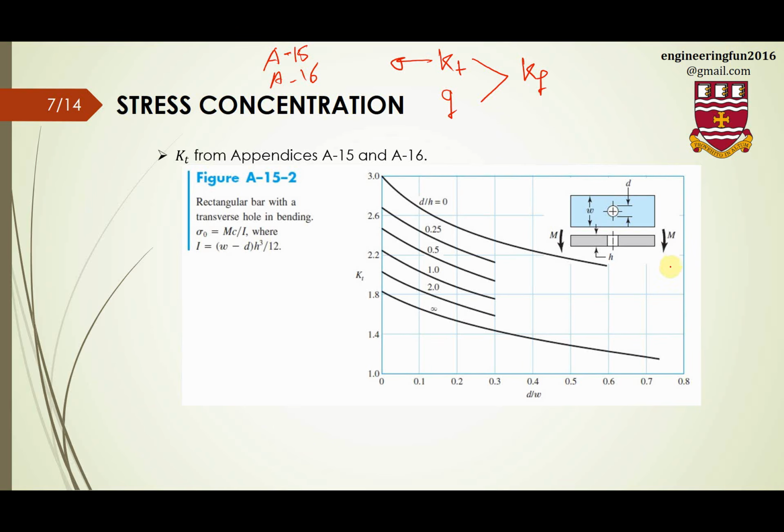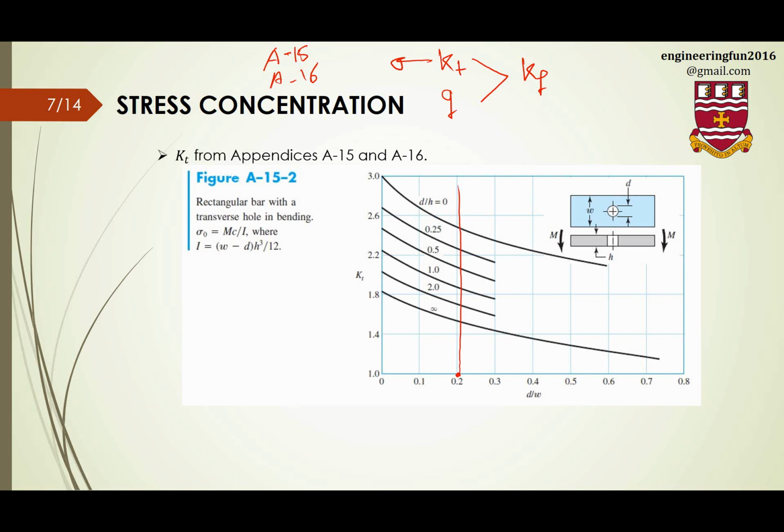we need to go to this table. Here, it's the second one in this table. And we need to find the diameter of the hole over the width of the specimen. For example, if you find that ratio is 20%, 0.02, we need to draw a straight line.